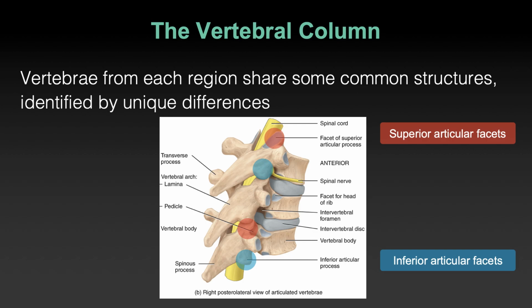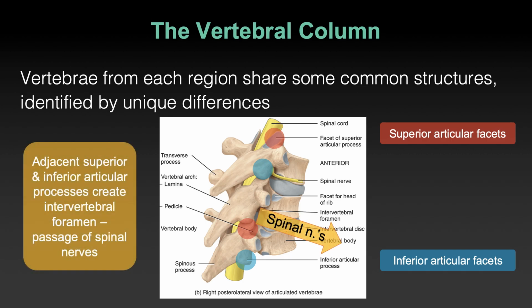Not through the bone of the vertebrae itself, but this is artificial. It's a little opening that you can see. A really nice one is highlighted here. The inferior process articulating with the superior process makes a nice little passageway where the spinal nerves emerge.